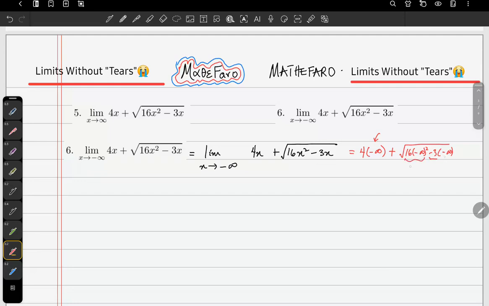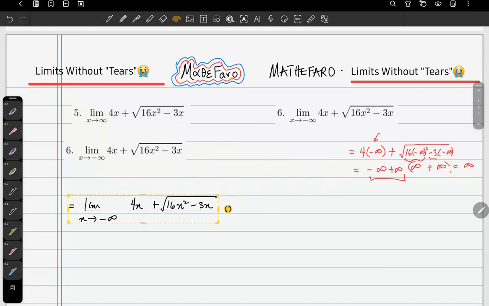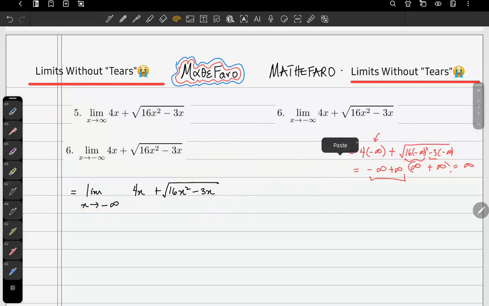So this is going to be positively big plus another positively big, which is going to be very positively big. Here you are going to have negatively big. So you have negative infinity plus infinity, which is an indeterminate.